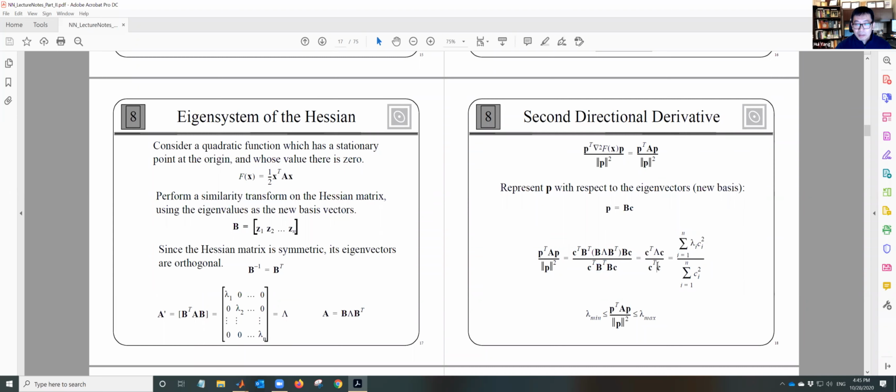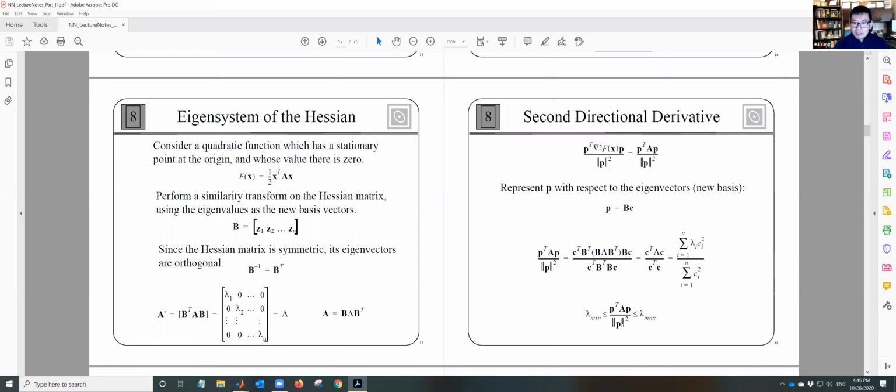So what you got is C transpose lambda C, and then C transpose C. So what is left is only the lambda, because this is a diagonal matrix. Everybody agree? Diagonal matrix here. So it becomes the sum of lambda i Ci squared, divided by C transpose C. This is a sum of the squares of all C's.